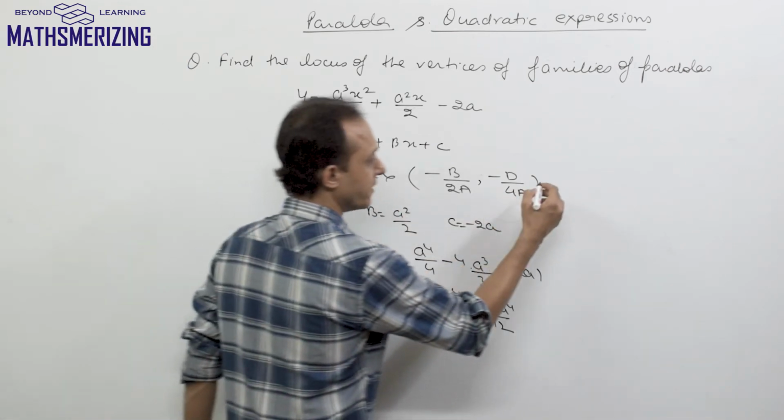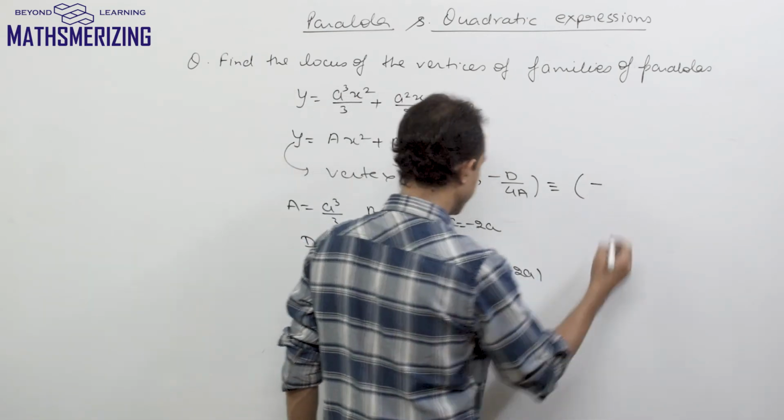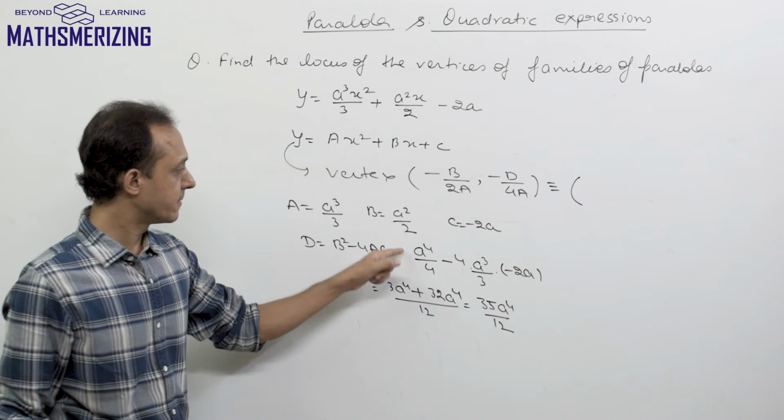So the vertex of this parabola will be minus b upon 2a. So it should be minus, and what's the value of b? The value of b here is a square by 2.